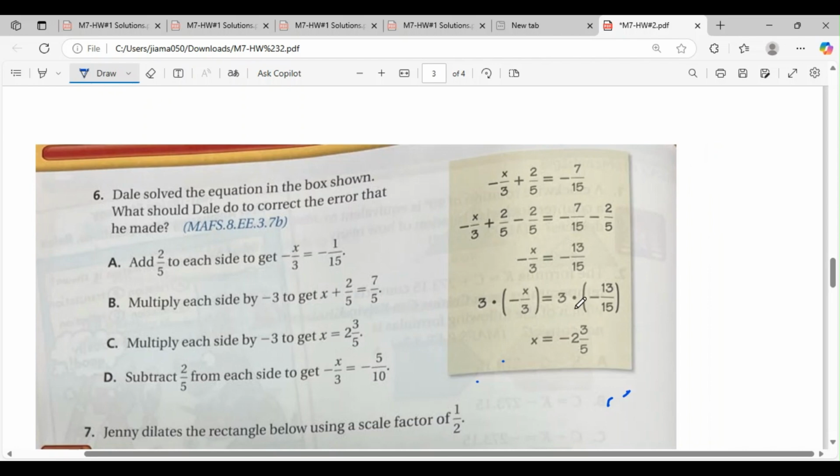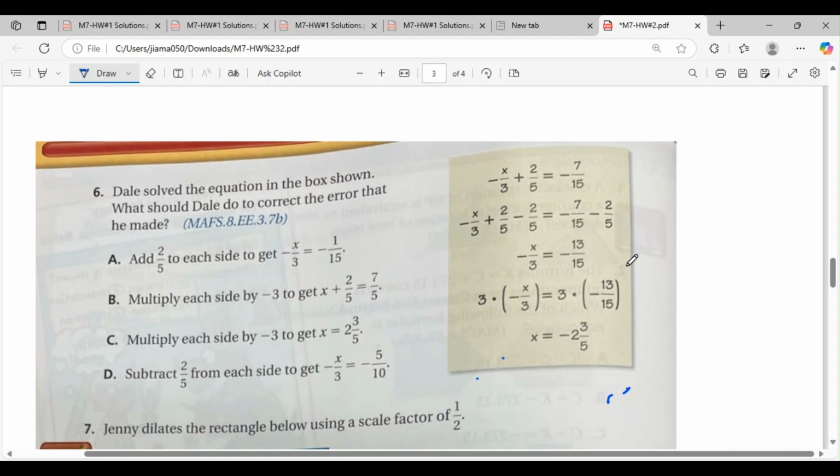After checking the process of the equation, we can find that this part has an error. He multiplied by 3 on this part, but 3 times -x divided by 3 does not equal x, it equals -x.